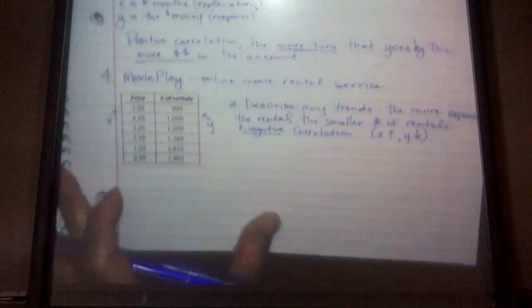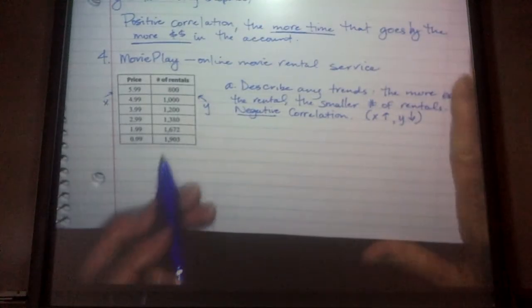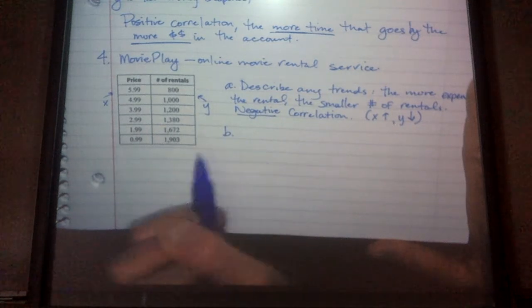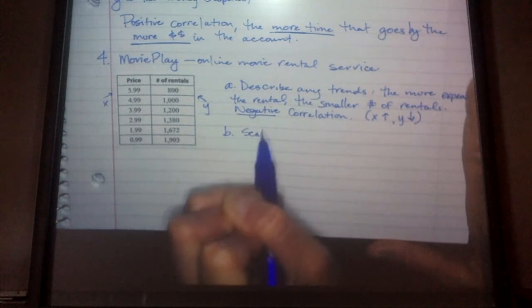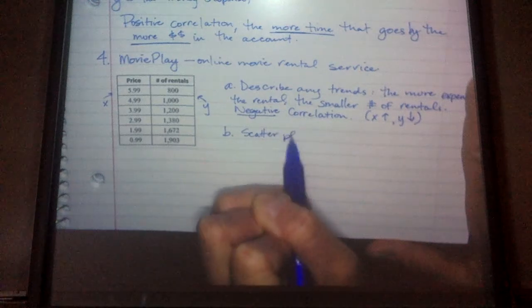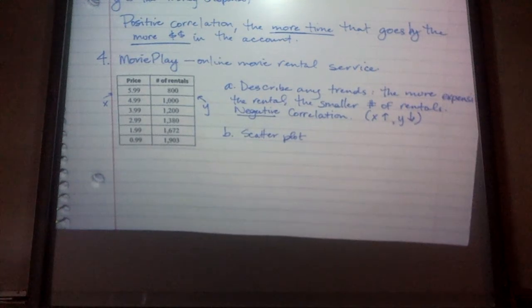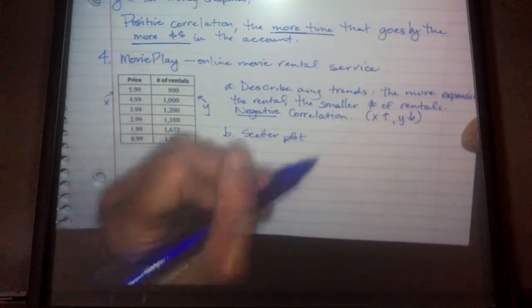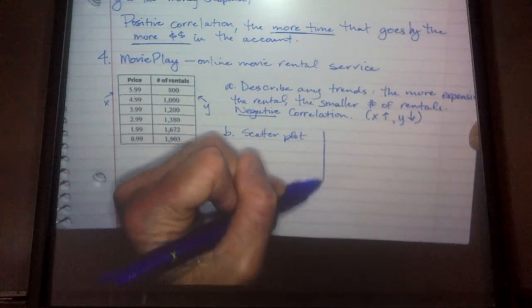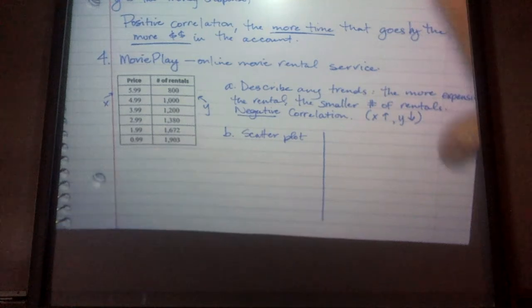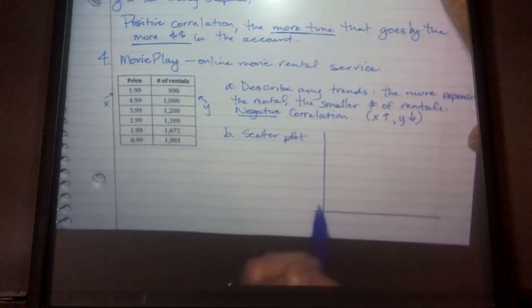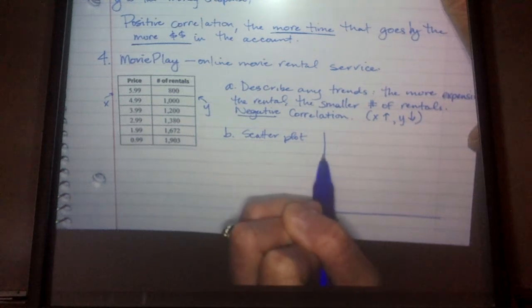So the next part of this problem is we're going to make a scatter plot. Now you can use graph paper, you can use your lined paper, but I'm going to go ahead and set it up. I need 400, 800, 1200, 1600.